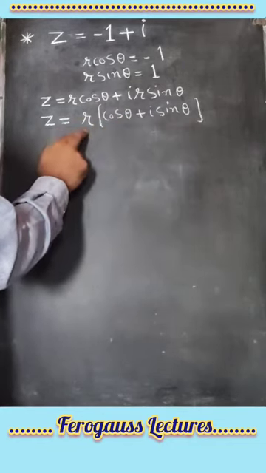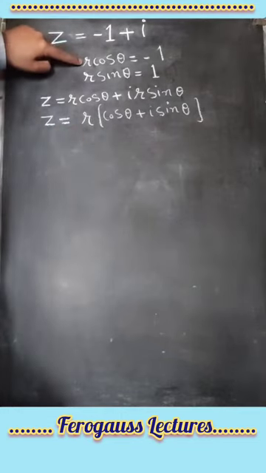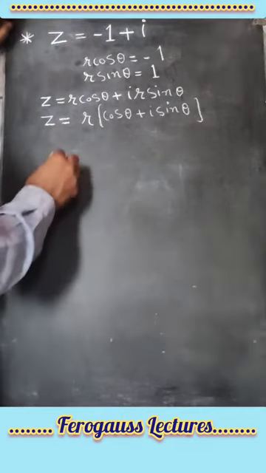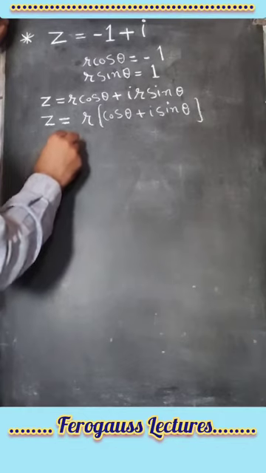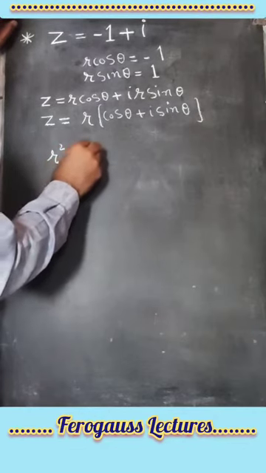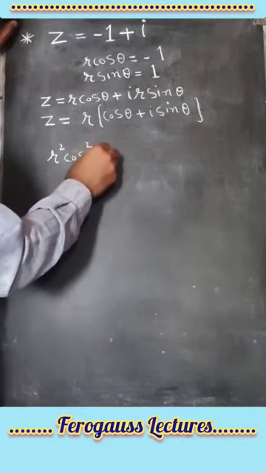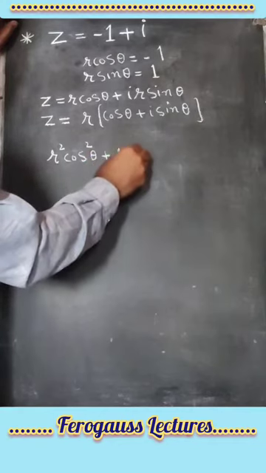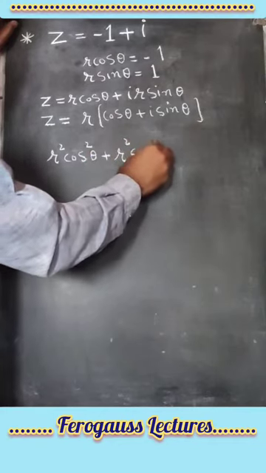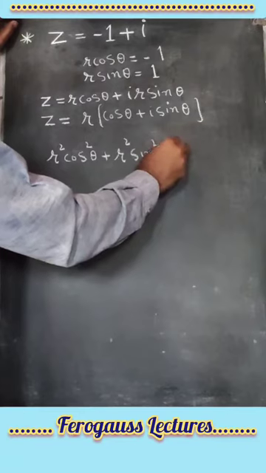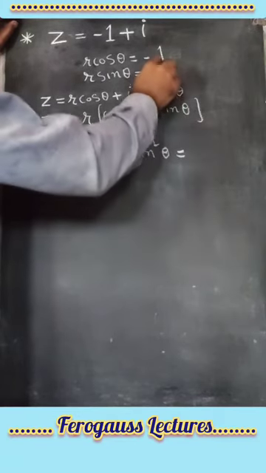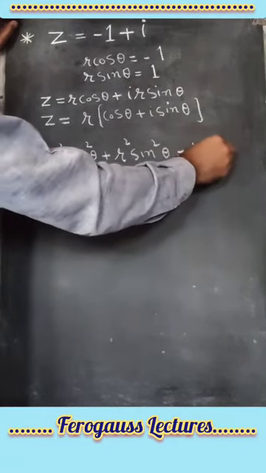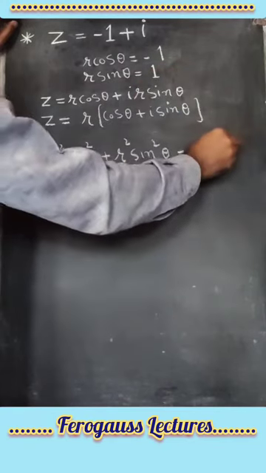To find r, squaring and adding these two equations, we get r square cos square theta plus r square sine square theta equal to minus 1 square is equal to 1 and 1 square is equal to 1.